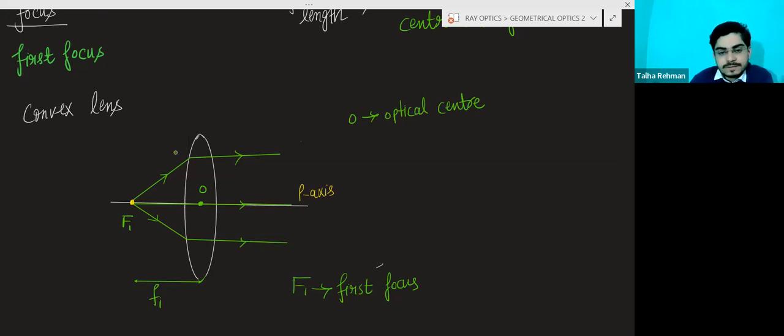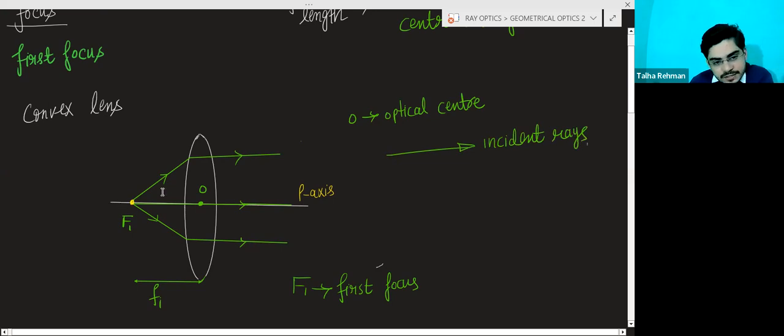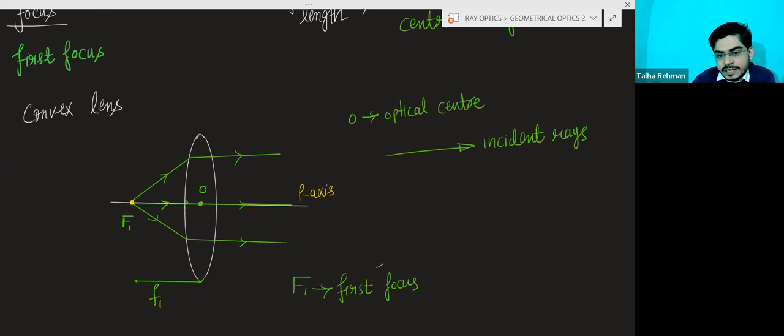In this case, incident ray is in this direction. So the direction of the incident ray is in this direction, like this. So this direction will be considered as positive and this direction will be considered as negative.